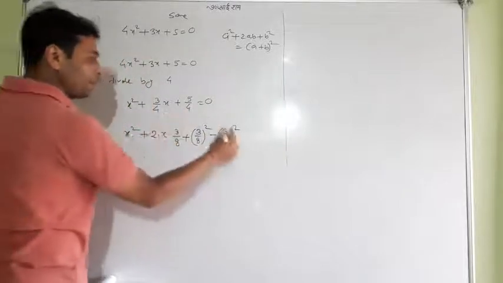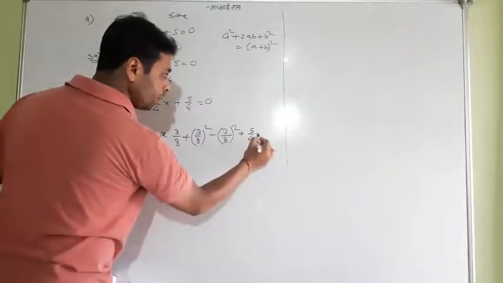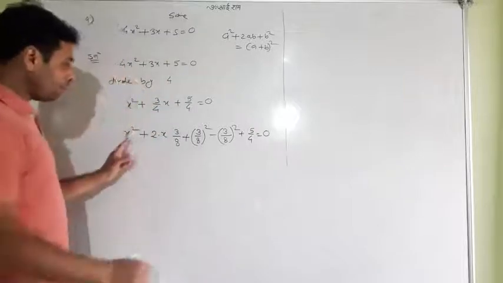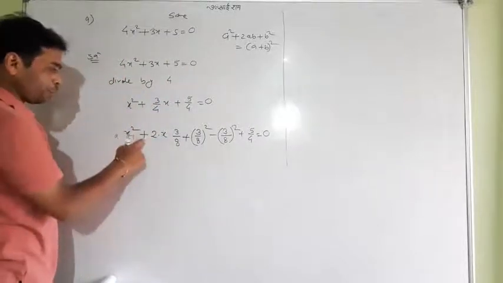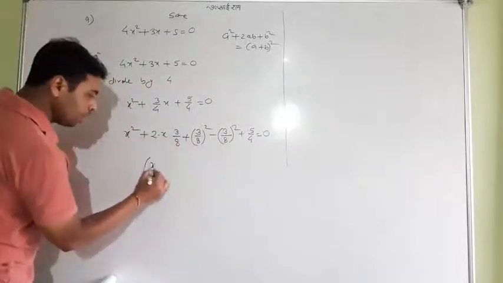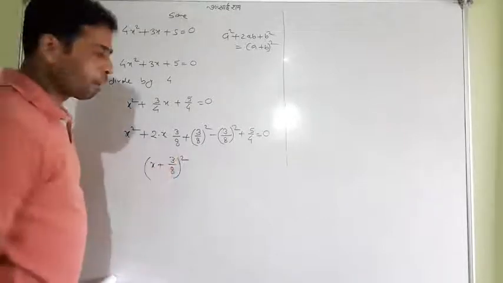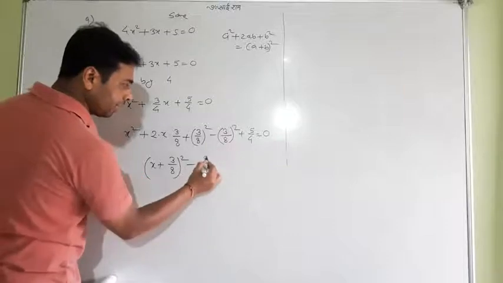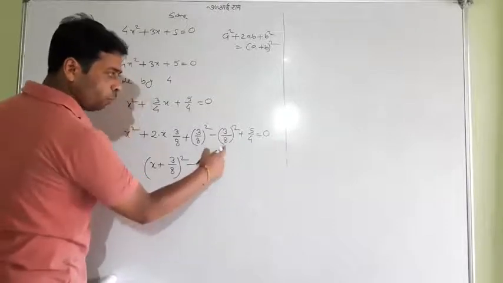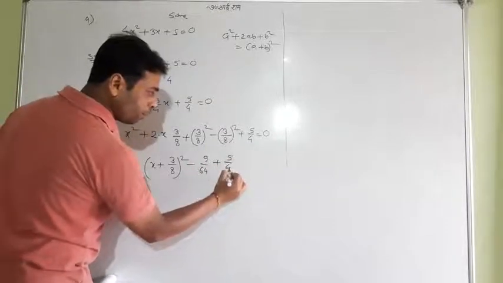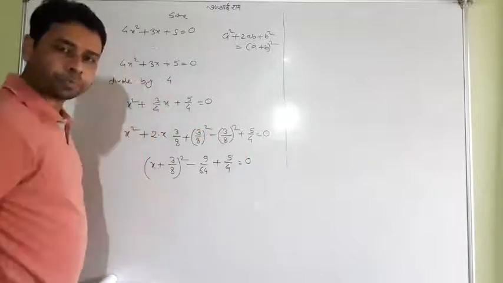And then lastly 5 by 4 is equal to 0. Now the first three terms will be a square plus 2ab plus b square, (a plus b) whole square, minus 3 threes are 9, 8 eights are 64, plus 5 by 4 is equal to 0.